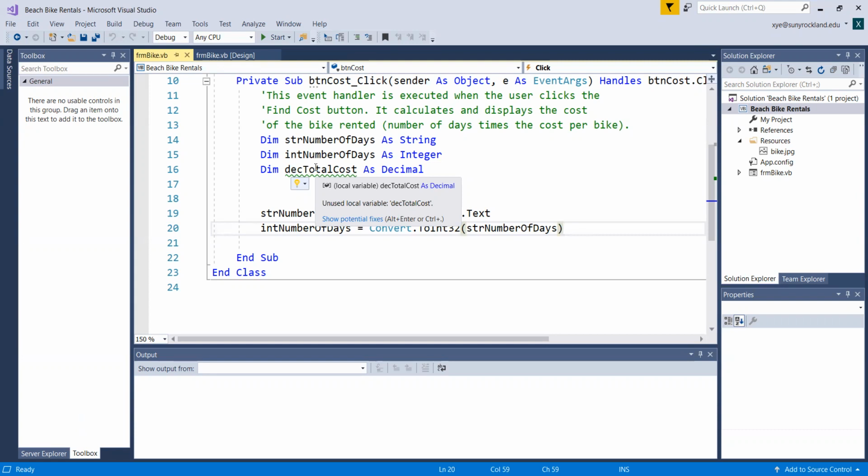For you guys, if you finish this beach bike rental, you can look at page 90. On page 90, it gives you the whole code part, in case you make mistakes. Well, I guess not 90. My mistake, it's page 214. It gives you the whole code.